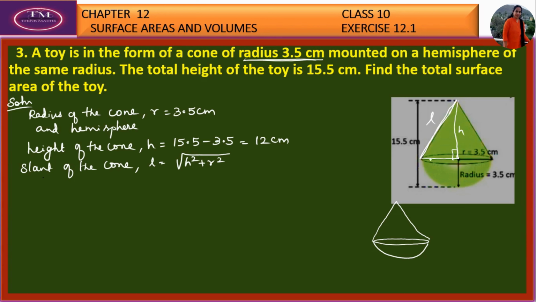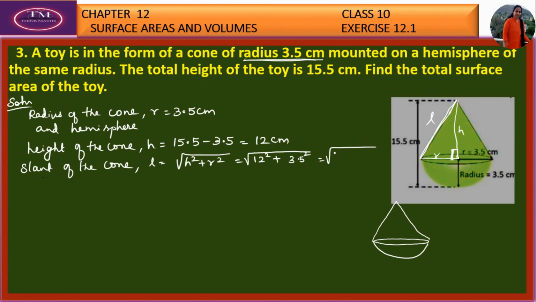L is the hypotenuse side, opposite to 90 degrees. So by Pythagoras theorem, L is equal to square root of r square plus h square. Writing this, what is h? h is 12, so 12 square plus, what is r? r is 3.5 square.